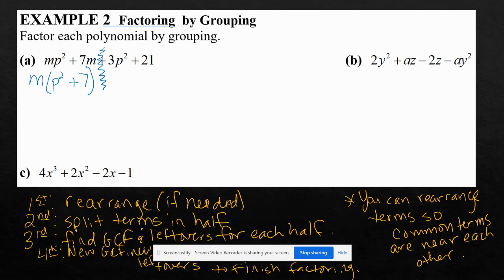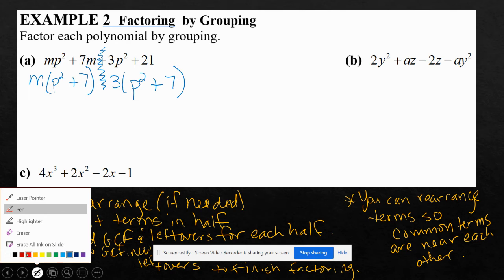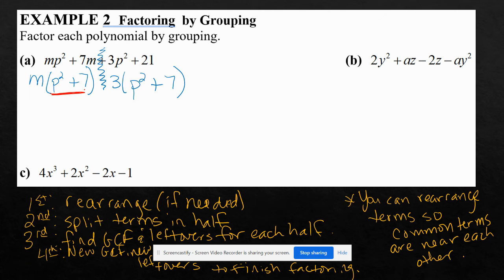On the right side, I have a common factor of 3. So when I pull 3 out of 3p squared, we're left with p squared plus 21 divided by 3 is 7. Well, that's great because look, p squared plus 7 is now the same on both sides of my split.